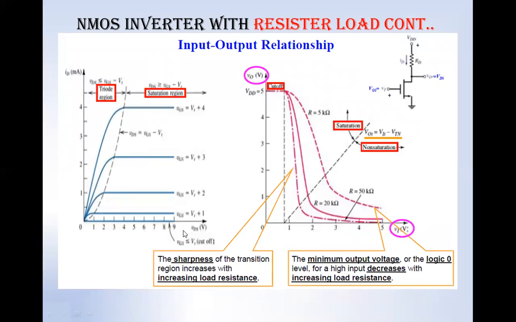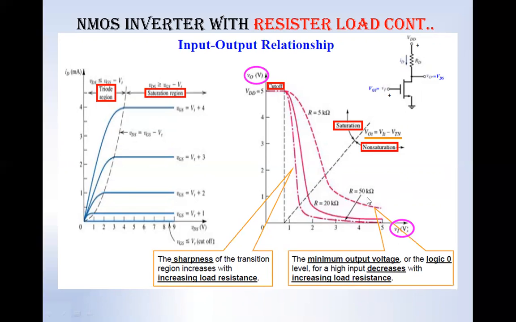So this is the overall input-output relationship, and if you observe my input voltage with respect to output voltage, VDD is equal to 5 volts, the characteristics are drawn like switch characteristics. Initially with Vin equal to 0, my output voltage is VDD. As long as this voltage is increasing from 0 to 5 volts, the output voltage slowly reduces. And there is a shift in the characteristic curves with respect to resistance.